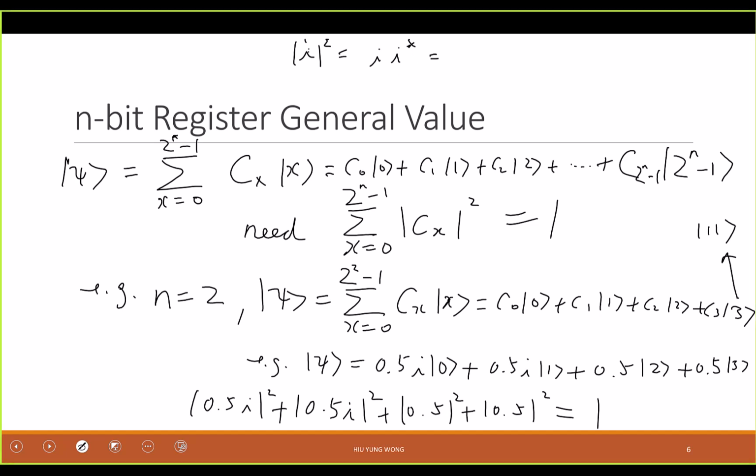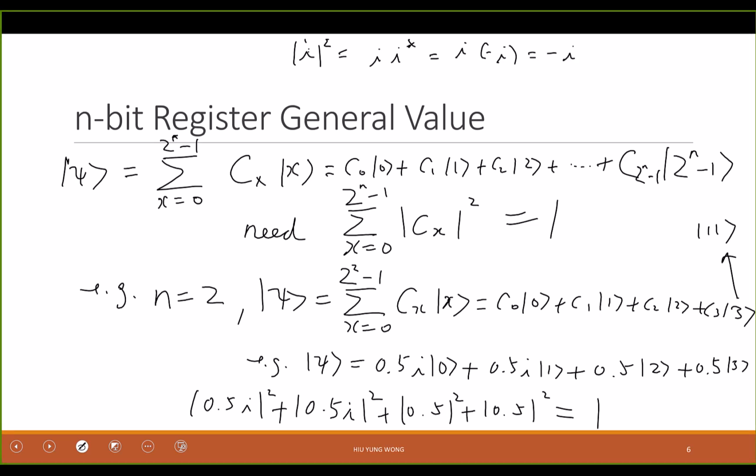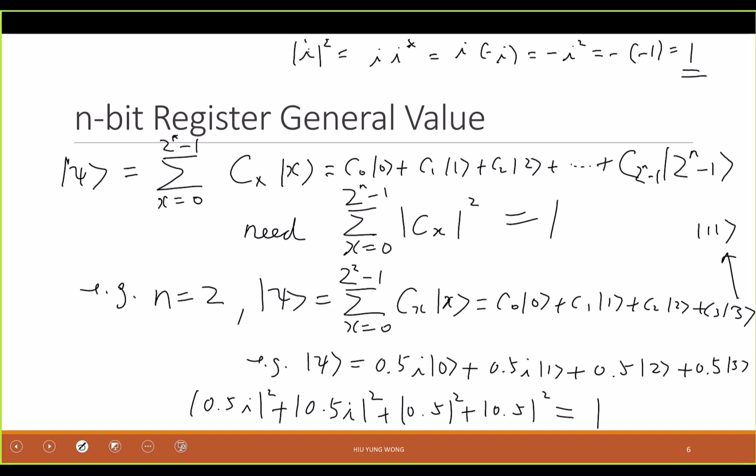So what is i star? Negative i, because it's the complex conjugate. So what is the result? Negative i times i, that is 1, right? So i's magnitude is 1. Its square is 1. Okay?